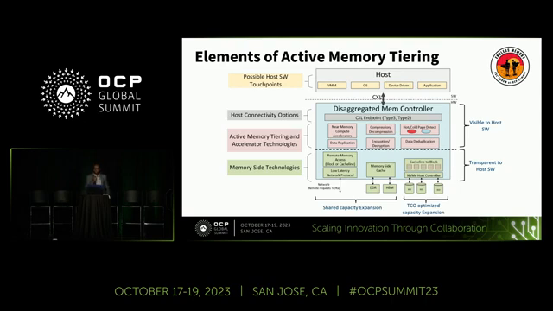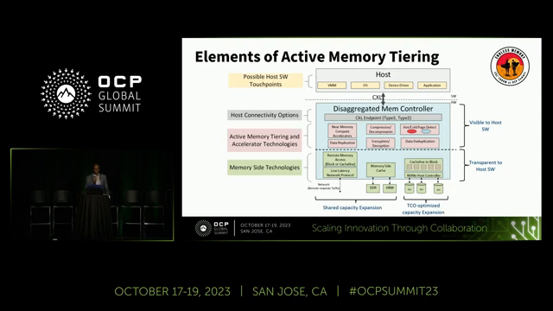So once you have built out this layer that provides cache line granularity accesses, and you manage the heterogeneity of the memory technologies in the disaggregated memory controller device itself, then you can layer on top of it infrastructure services.